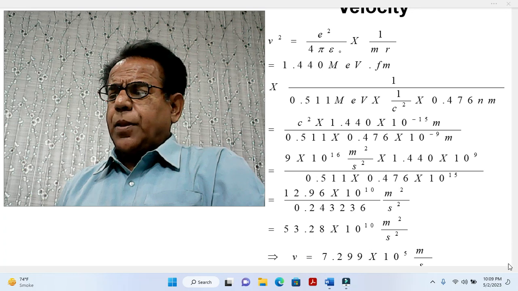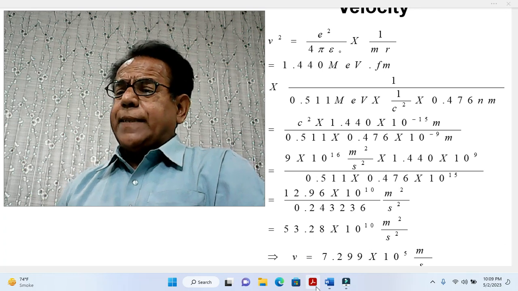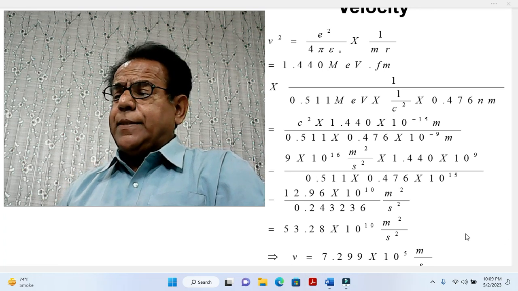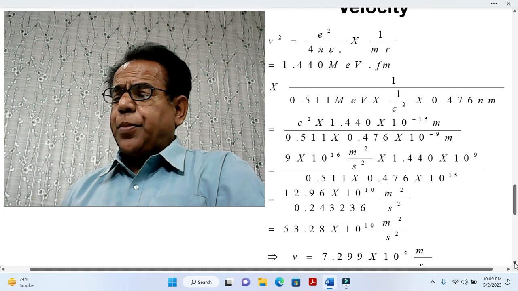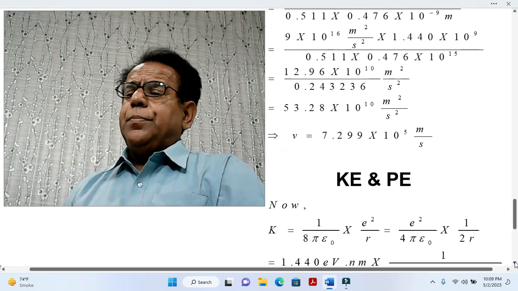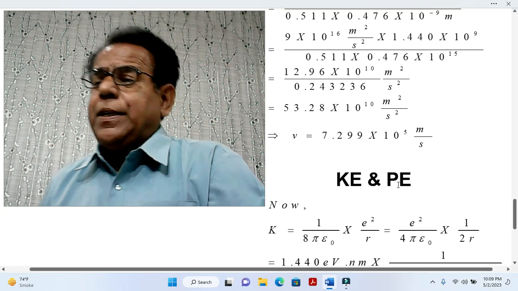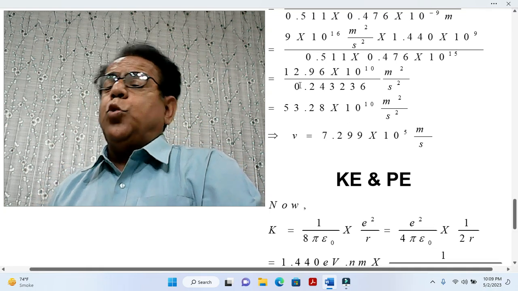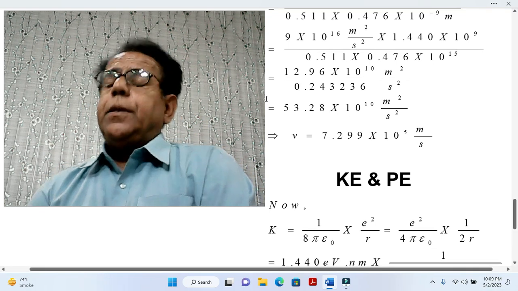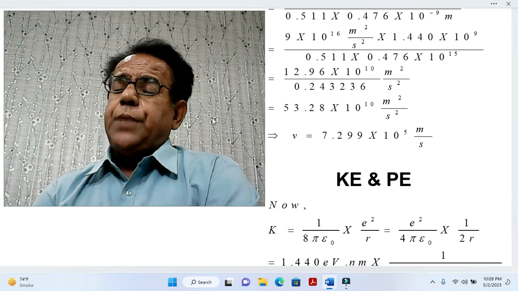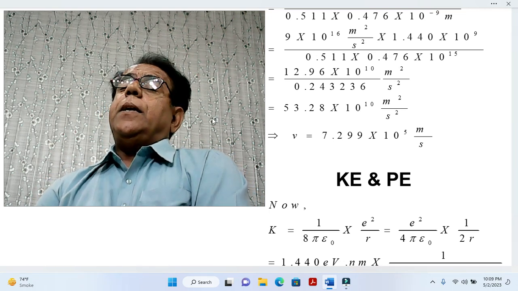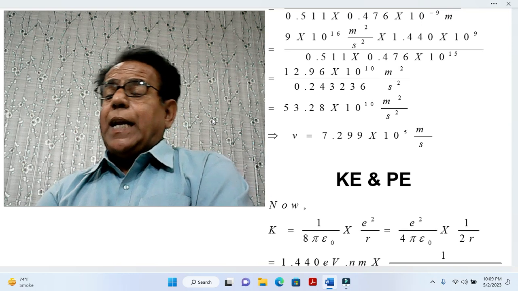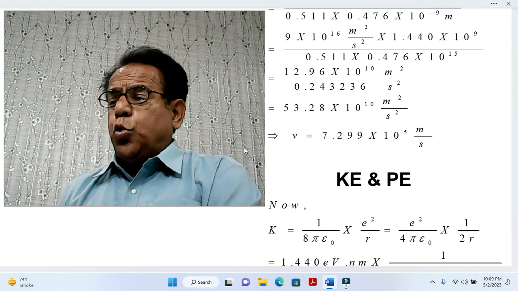This is v square, but we are concerned with simply v. When we are concerned with v, then definitely we will take the square root of both sides, that is, we will take the square root of v square as well as the square root of this whole quantity.